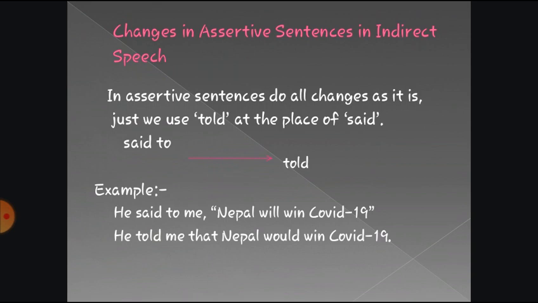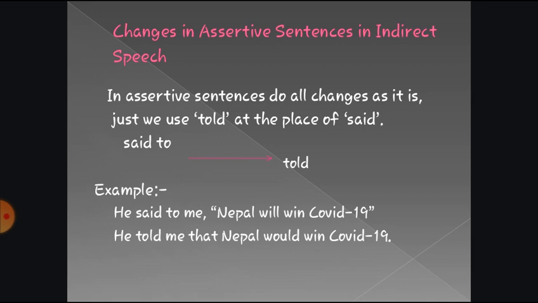So one example I am presenting here. He said to me, Nepal will win COVID-19. This is one of the direct speech, and changing it into indirect speech, it became, he told me that Nepal would win COVID-19.